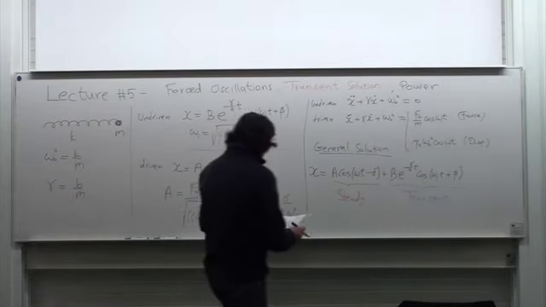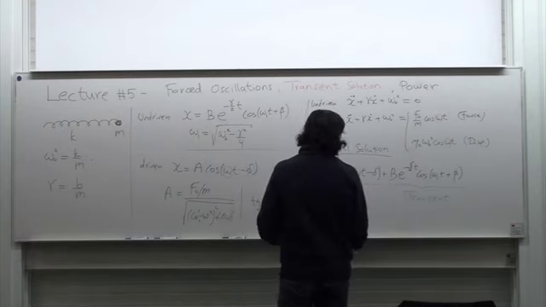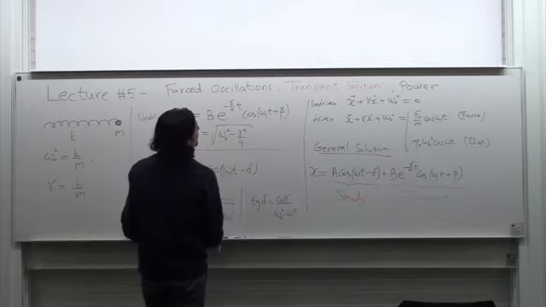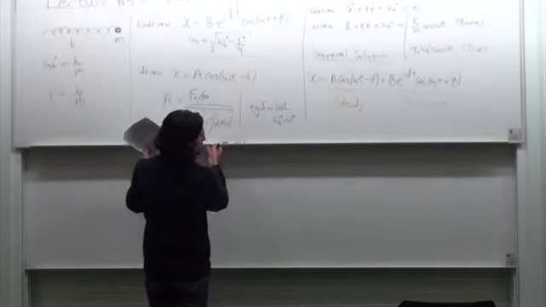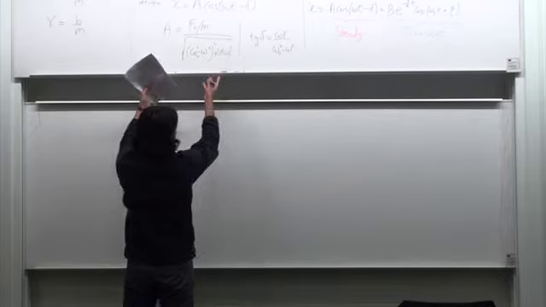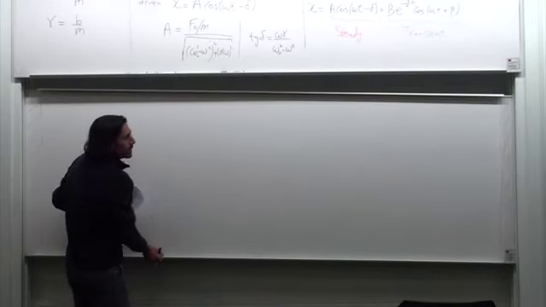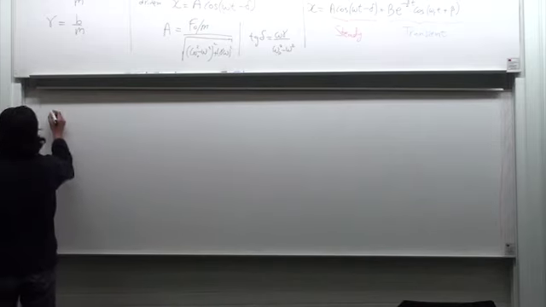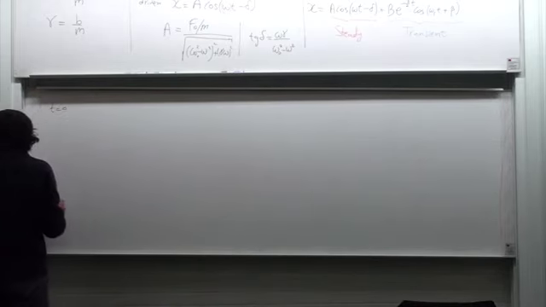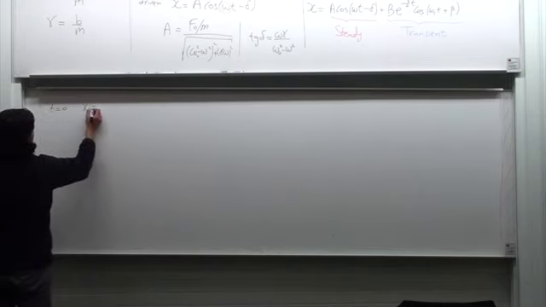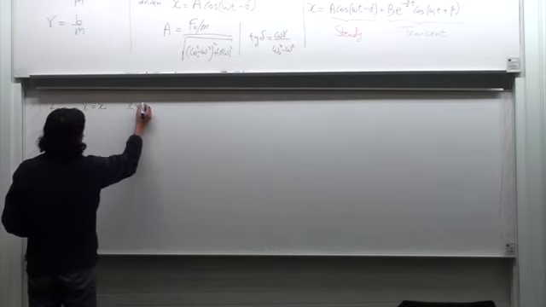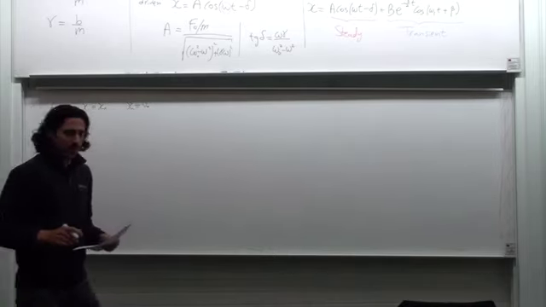Alright, so let's look at what happens at time t equals 0. Let's say that x is x0, the location, and x dot is the velocity v0.